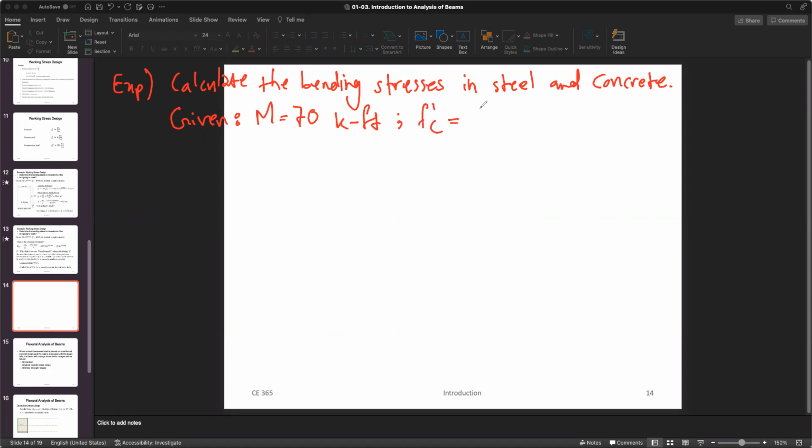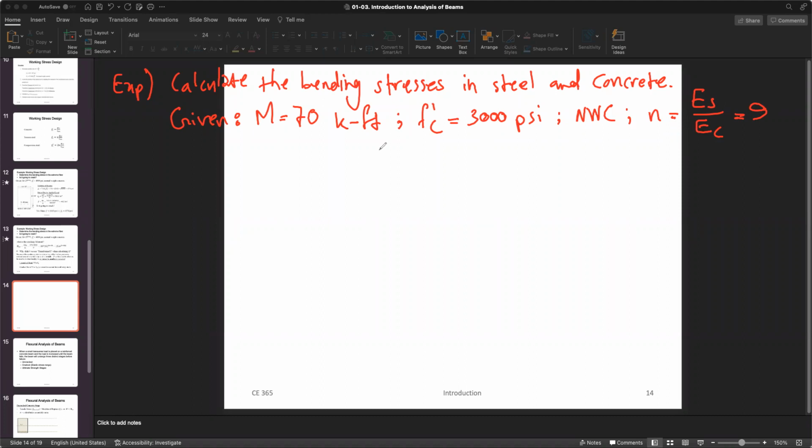F prime c is 3000 psi. It is normal weight concrete. n, if you remember, was the modular ratio, given to be 9. It can give you the moduli of elasticity and you find n yourself, but it just gave you directly.